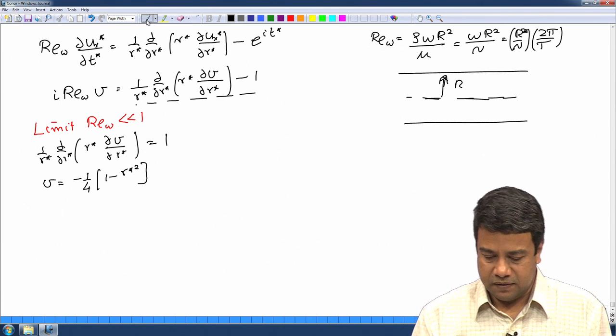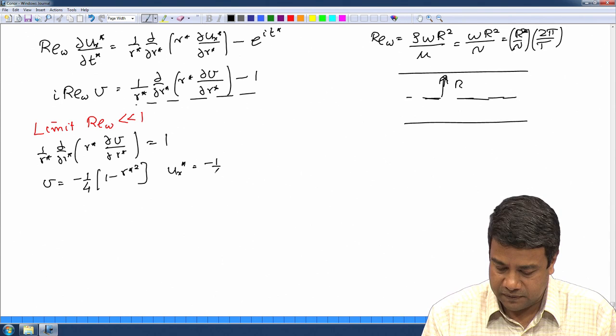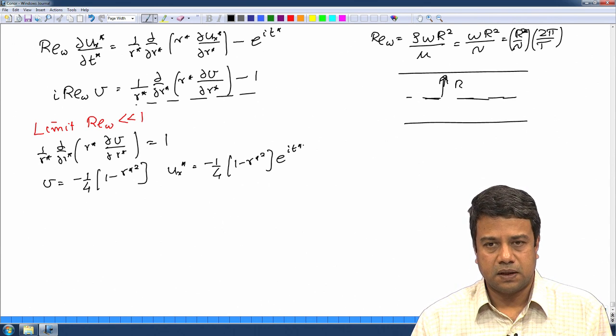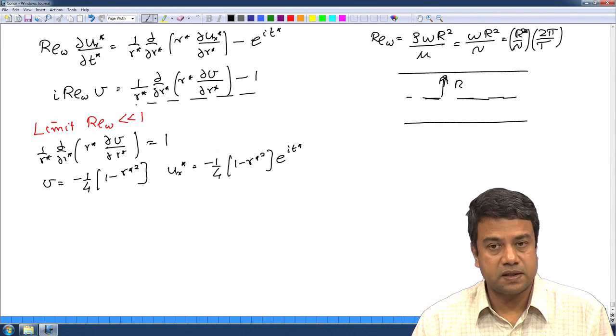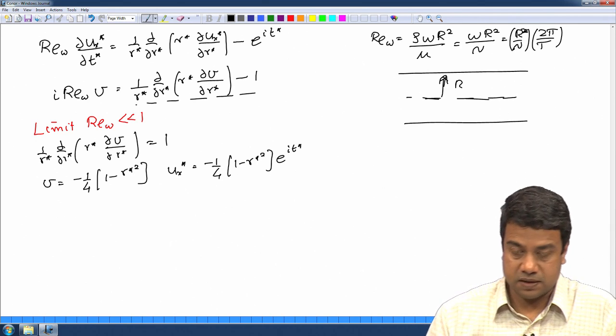If I get ux star from this, I will get minus 1 by 4 into 1 minus r star square into e power i t star. And if I express the velocity back in terms of dimensional variables, if you recall, we had scaled the velocity by k by mu R square.